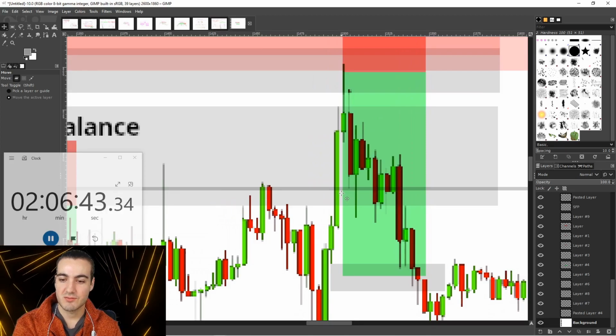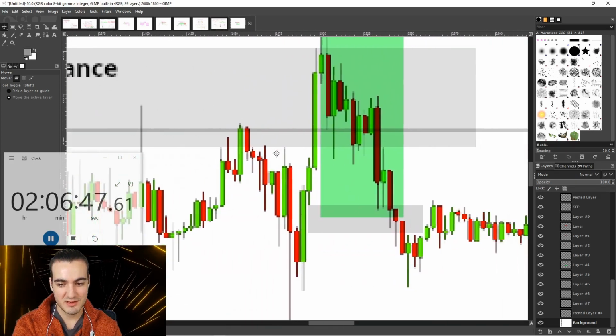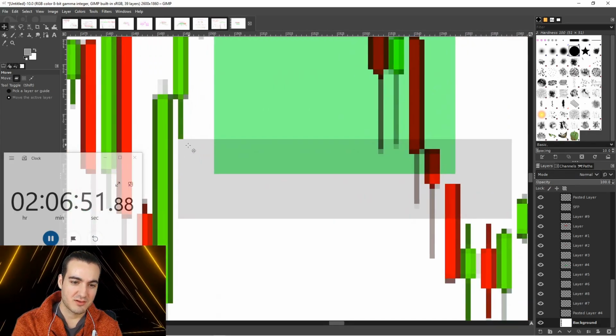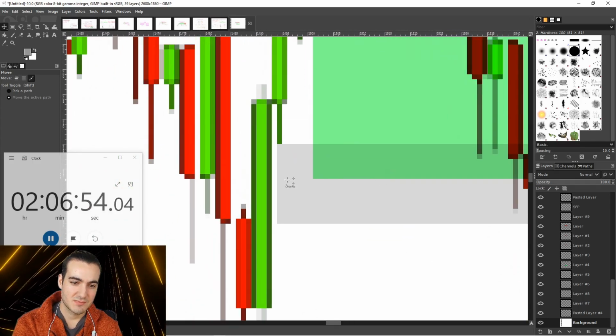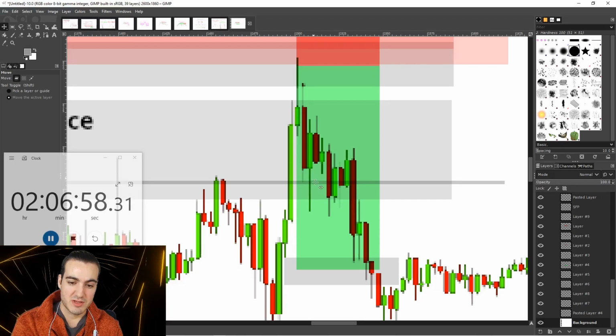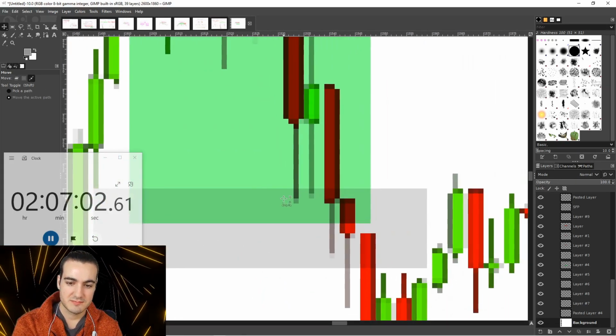Now what our target would have been wasn't immediately clear to me, but you can draw an imbalance before we start this miniature rally right here, so that could have been a good target.